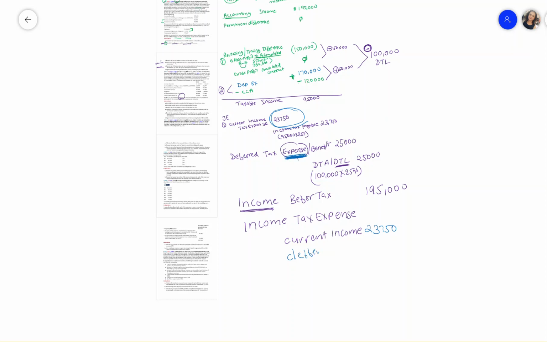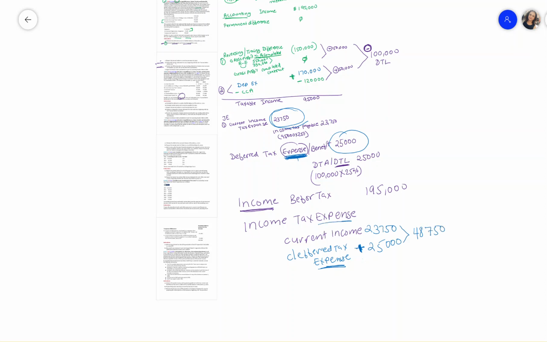In this case, the deferred tax expense is 25,000. Where did I get it? I already calculated 25,000. If it's a deferred tax expense, you're going to add these two numbers together. You could have a benefit too. If you have a benefit, you will be subtracting it here. In this case, you add them together, and then it goes to the side, 48,750.